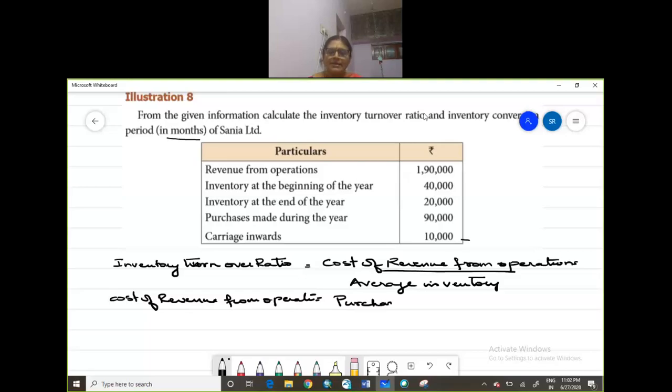plus change in inventory, plus direct expenses. So let us find out the purchase. Purchase is 90,000 rupees, plus the change in inventory.